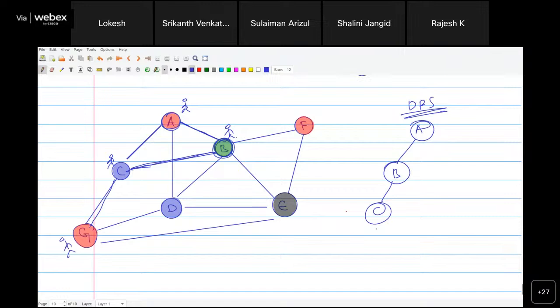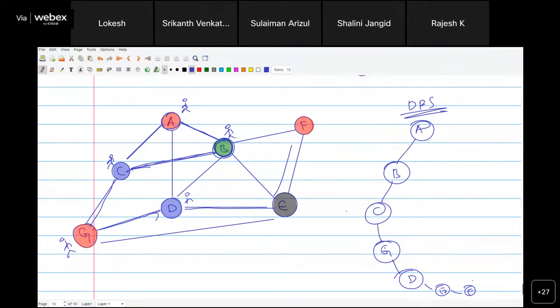So like this I will explore G. From G, I will go to D. And from D, I will go to E. And from E, I will go to F. Done. The graph is explored. This is how the DFS tree will look.